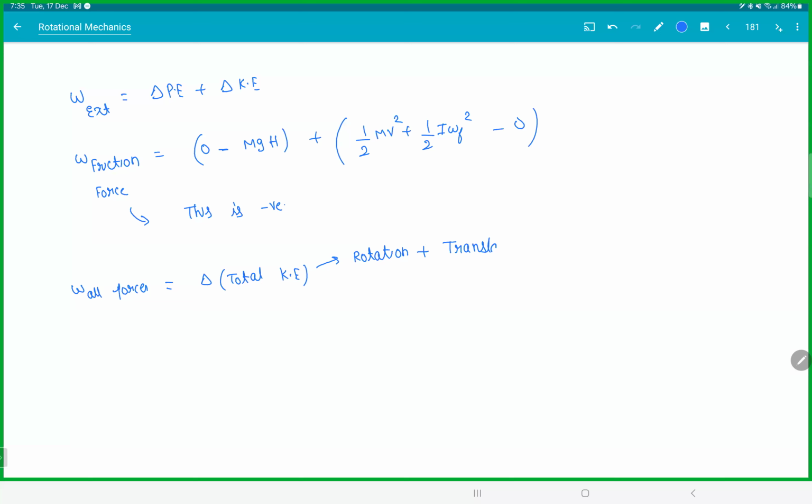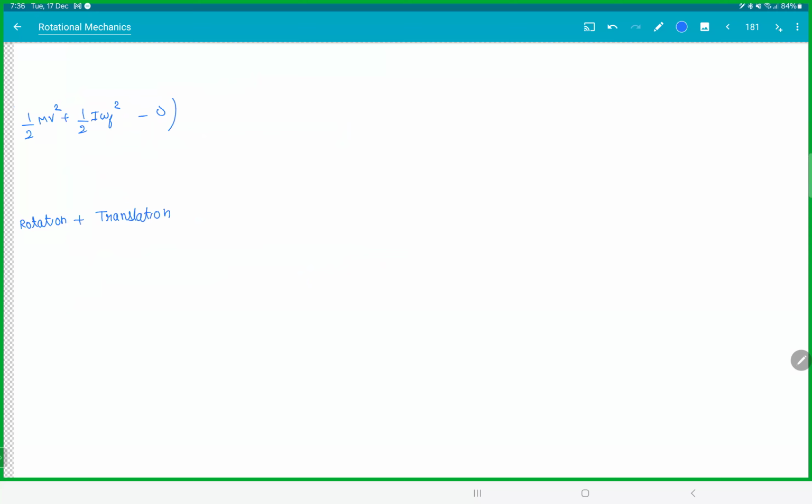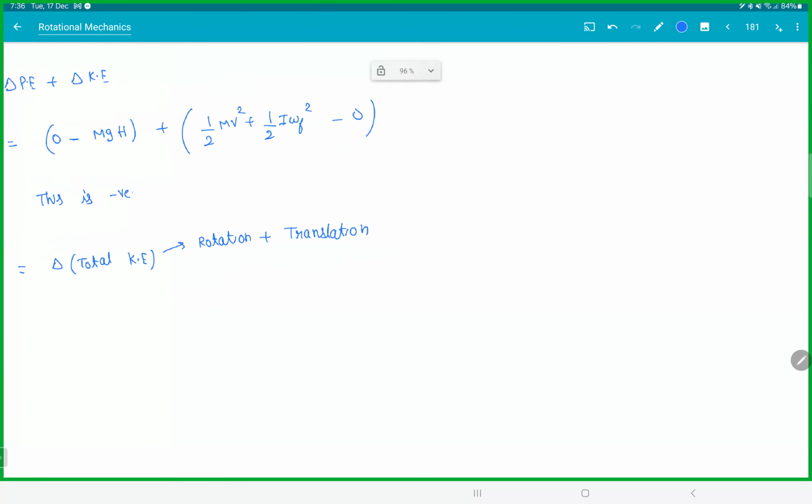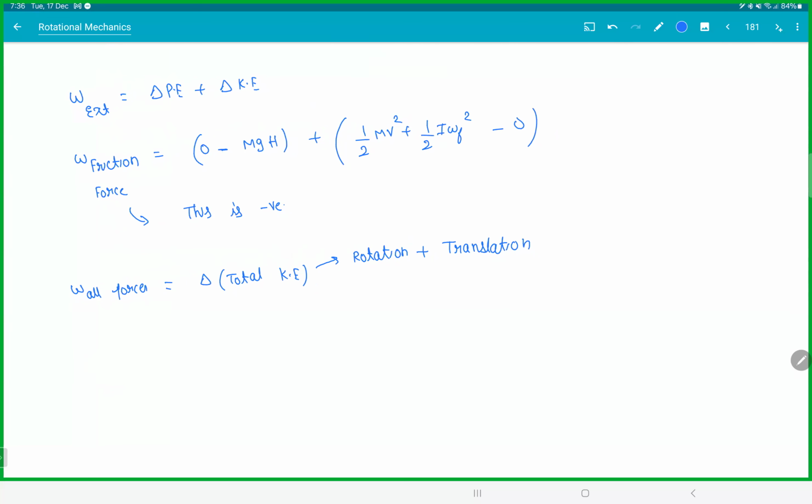Tell me one thing, if you apply torque, can the body ever translate? Torque is only used for rotation, right? Therefore, work done by torques is change in rotational kinetic energy.